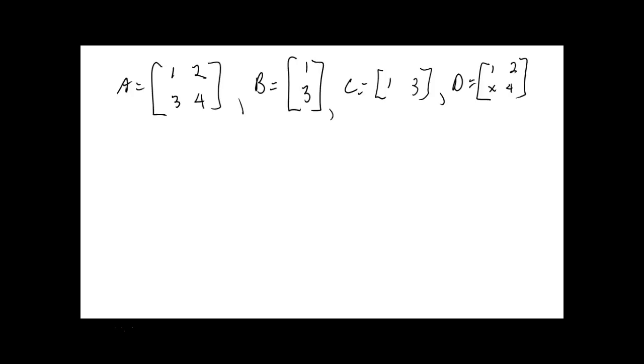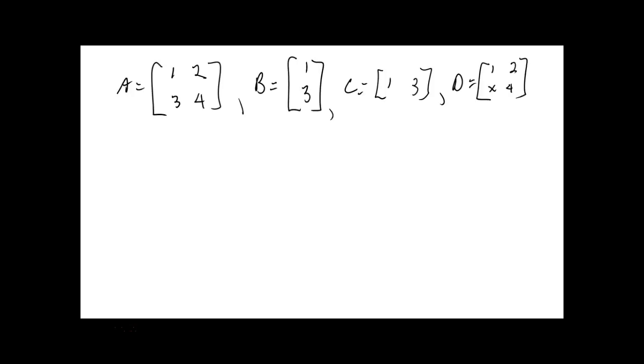How about B and C? They're the same numbers, but they're not the same size. B is what size? 2 by 1. What is C? 1 by 2, not the same size, okay? Same entries, same number of entries, but they're not the same size, okay?